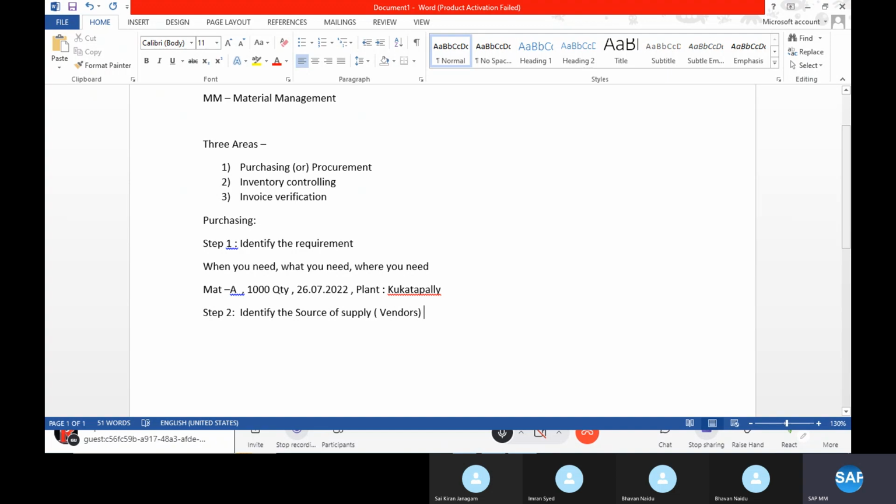Now I got the requirement, but I need to know who the vendors are. Suppose I'm getting the same product from 10 vendors. So how can I choose the vendor? Identifying the source of supply, that means identifying the vendor, is the biggest point here. Why? Because in the market there are multiple vendors.